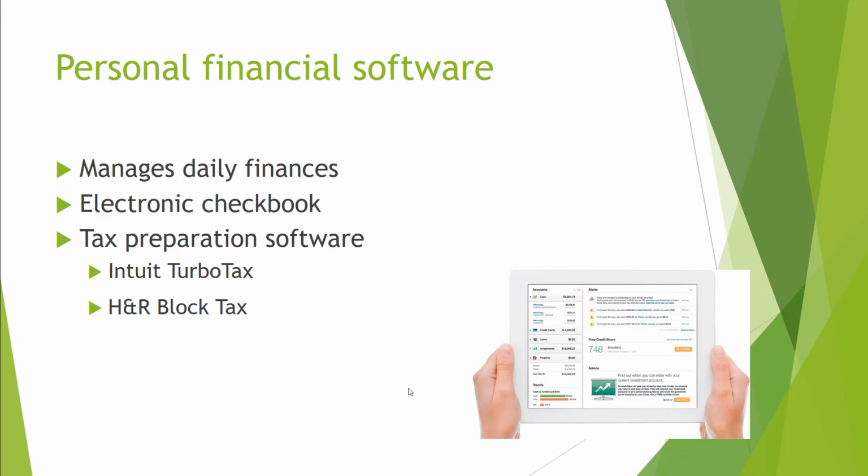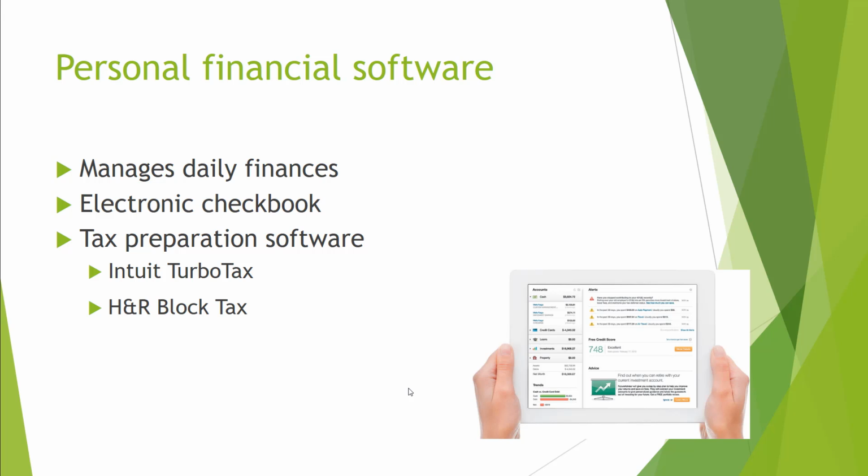We have personal finance software, or financial planning software. This is going to help you manage your daily, monthly, yearly finances, depending on the software. There are all sorts of different options out there. QuickBooks is probably one of the more popular ones.